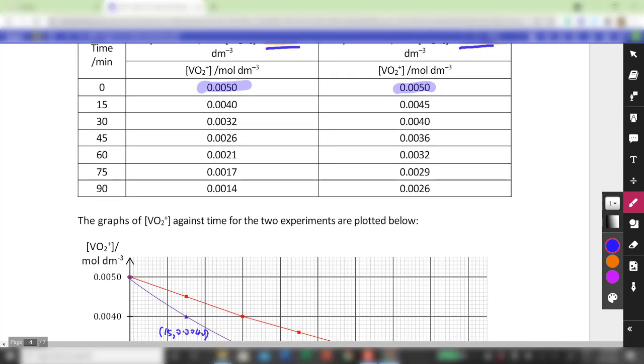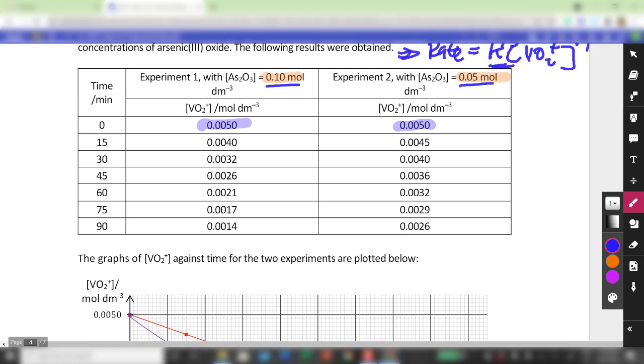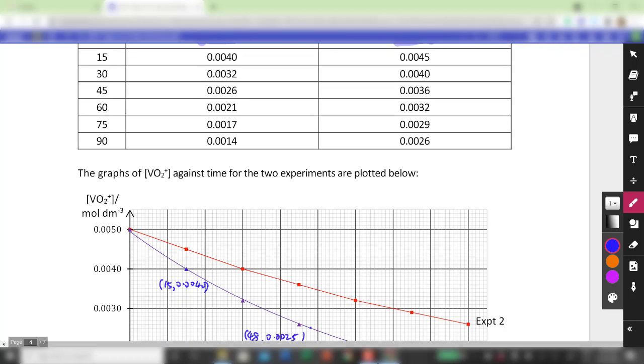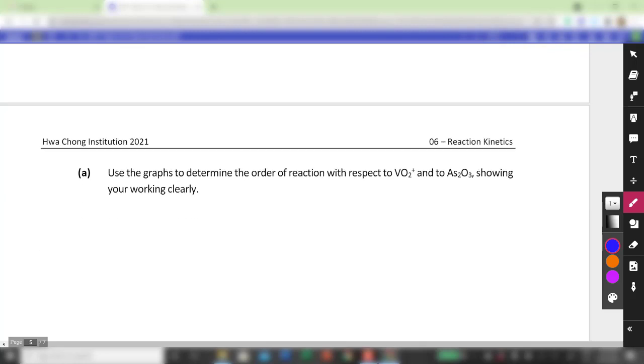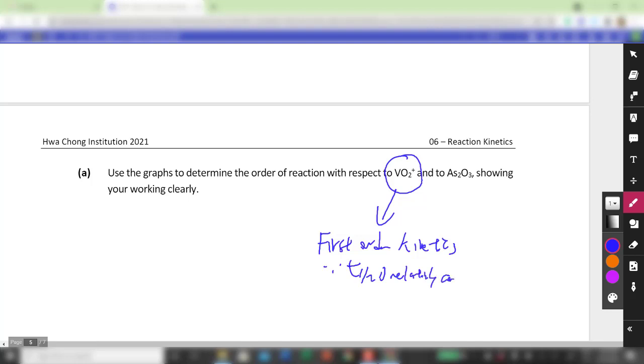Because the concentration of vanadium 5 is the one that decreases, and it shows first order kinetics, we can conclude that for vanadium 5, it demonstrates first order kinetics, and the reason is because t half is relatively constant at about 48.5 minutes.